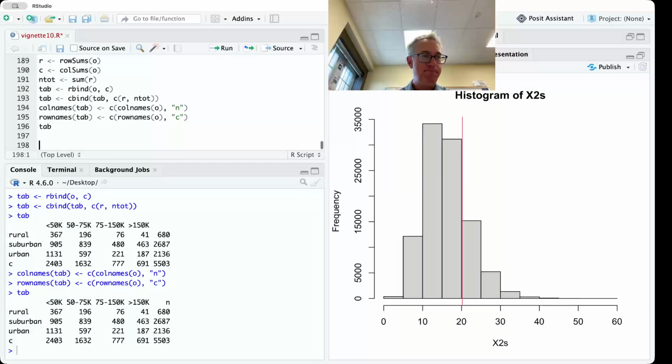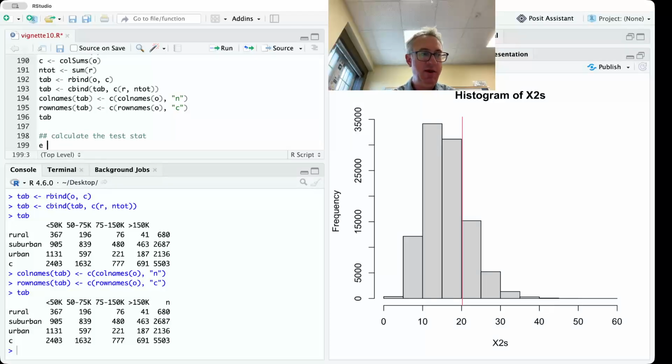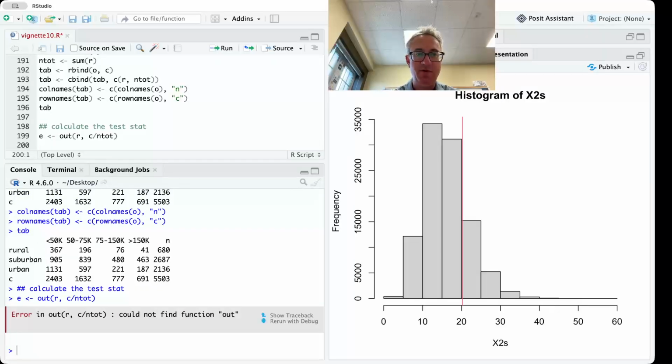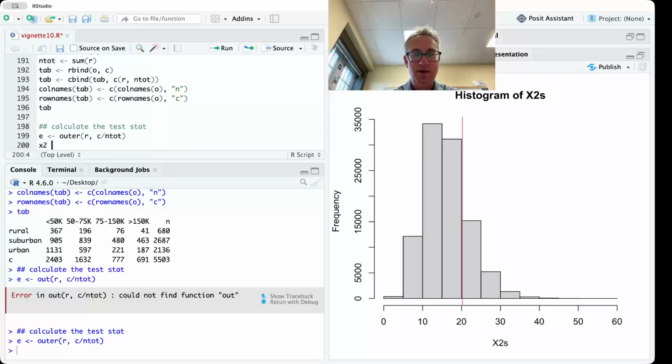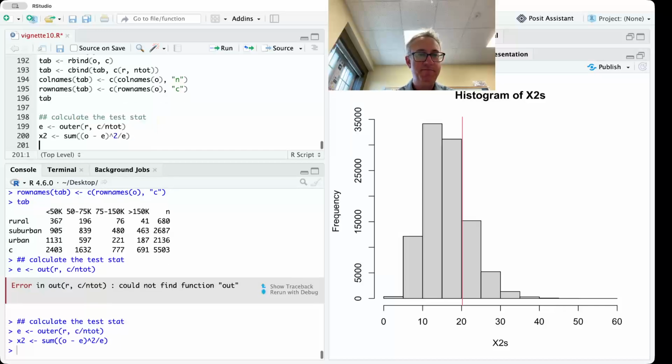Okay, now I can calculate the test statistic. So E is going to be outer R C over n tot. So I'm borrowing the fast one and skipping the double for loop, outer. And then the chi-squared statistic is sum O minus E squared over E.